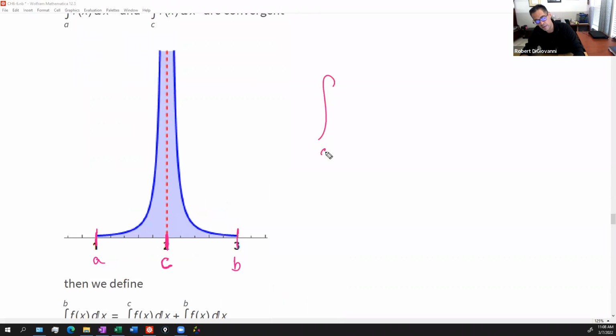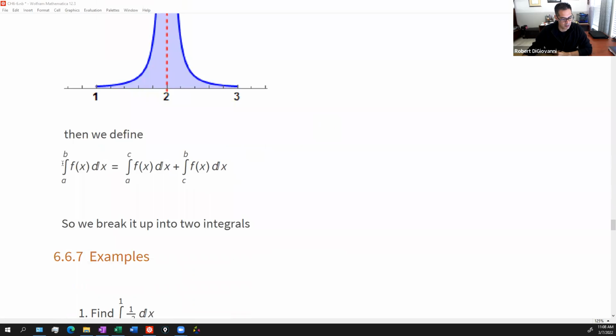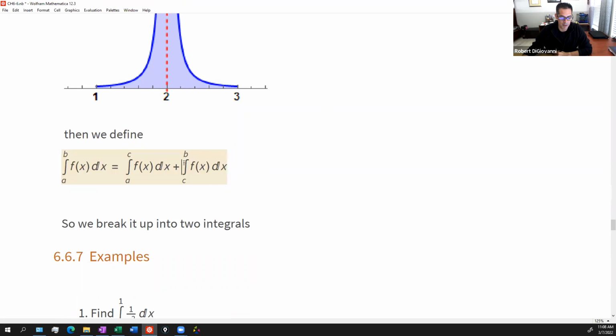You're going to go first from A to C, plus then you're going to do the integral from C to B. And since the problem is at C, each one of these is going to turn into a limit. All right. So I have this formally in the notes right here. Here's what we do. We break it into two, and then each one of those will become limits.